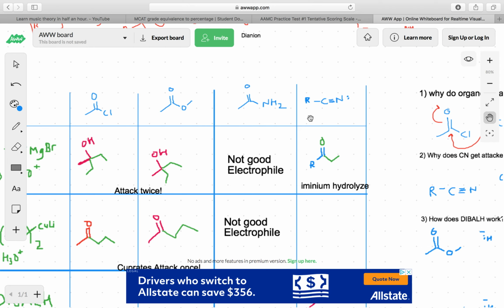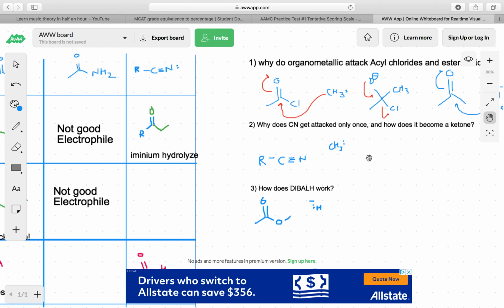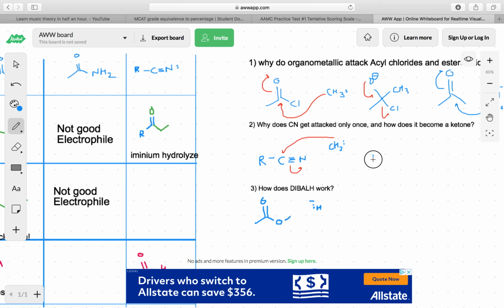Now, the cyanide one is just completely different. It's pretty interesting. So let's figure out how that one happens. So the first step, as usual, you're going to attack your electrophilic carbon. So you're going to come in, attack this carbon, and then kick off this pi bond. So what you should get is something that looks like this.